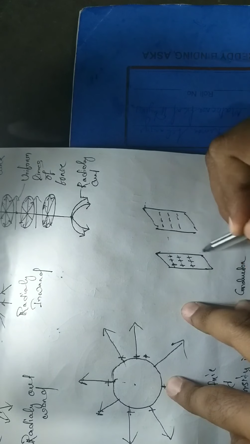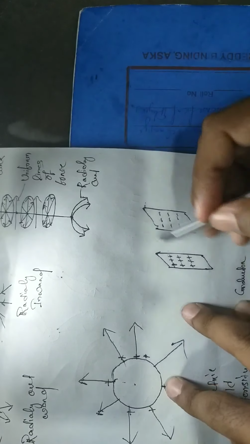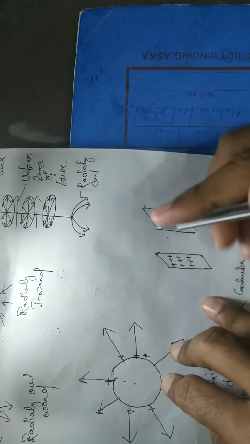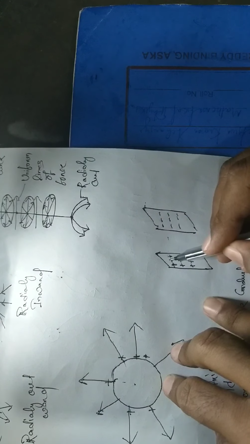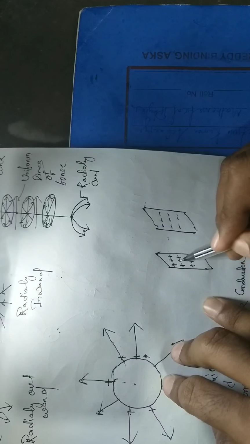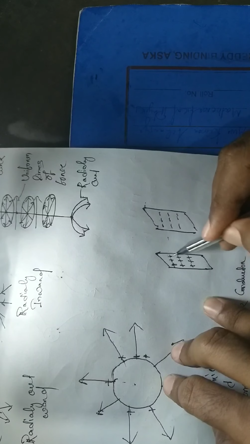That's why all the charges placed on the surface of the plane sheet stay at a particular point, because the force on each charge is zero. Therefore the net force becomes balanced on the surface of the plane sheet.